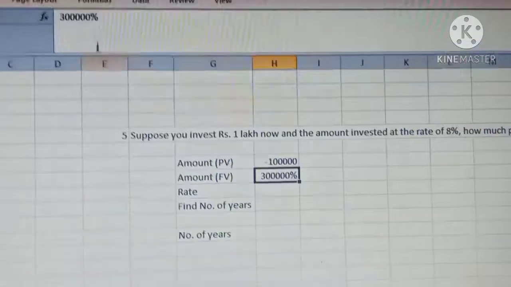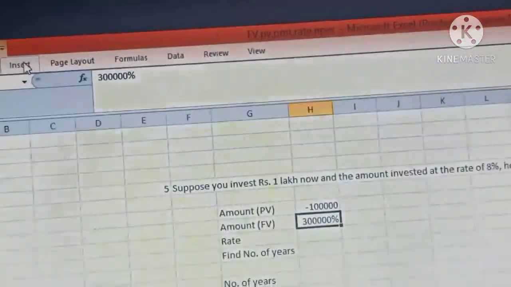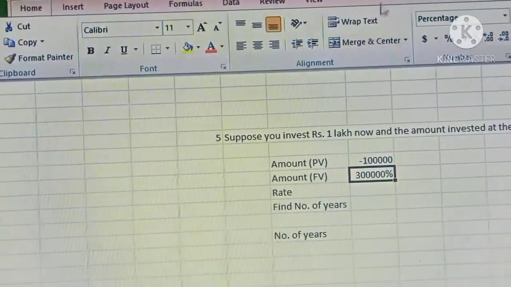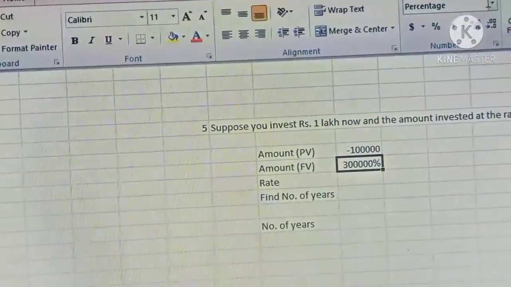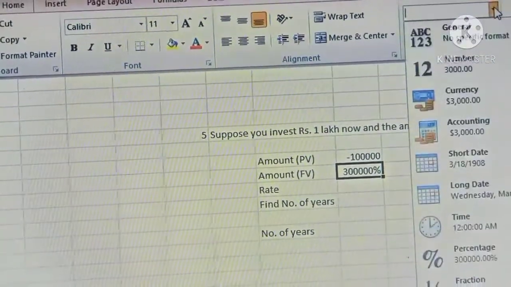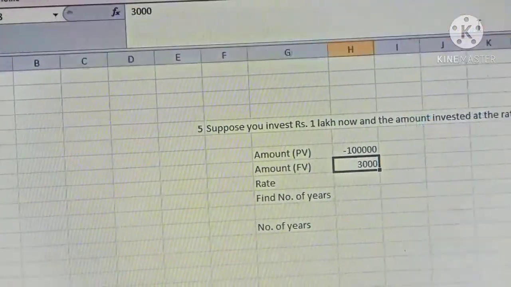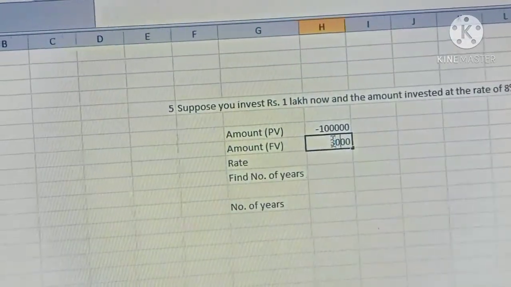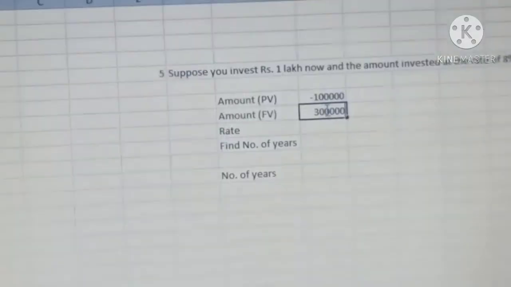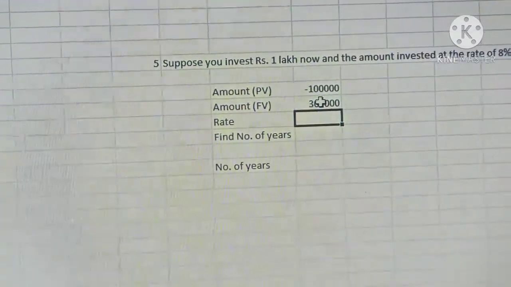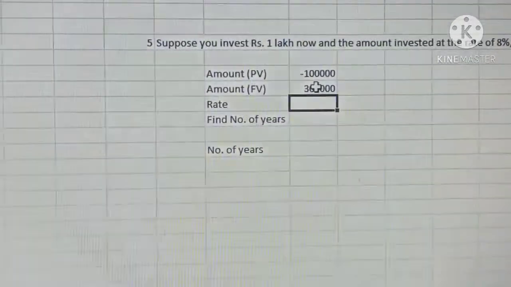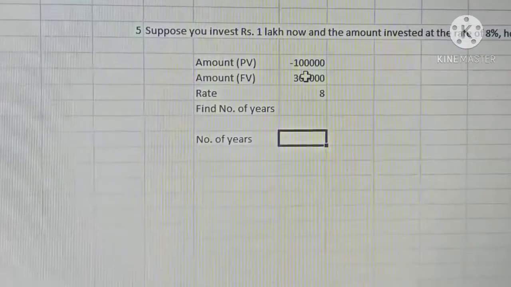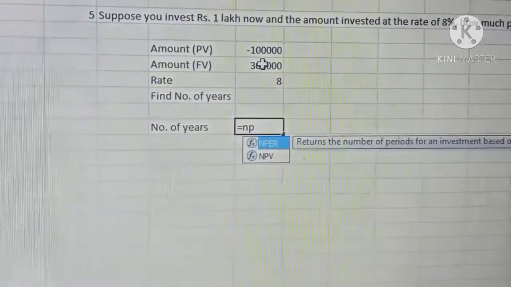We need to find out the period. First we'll change this into the general format. Three lakh. Rate is 8%, and we need to find out the number of years. We'll apply NPER formula.